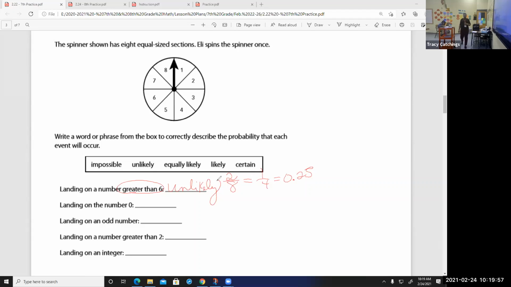All right, next, landing on the number 0. I say impossible. Landing on an odd number. I say equally likely.